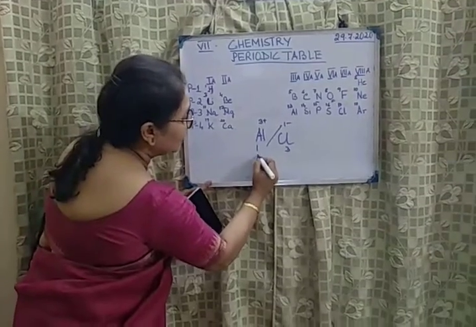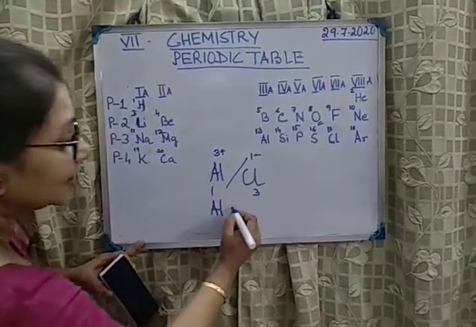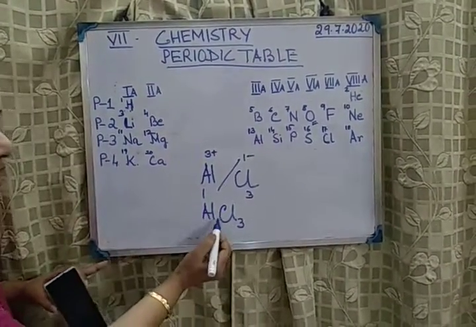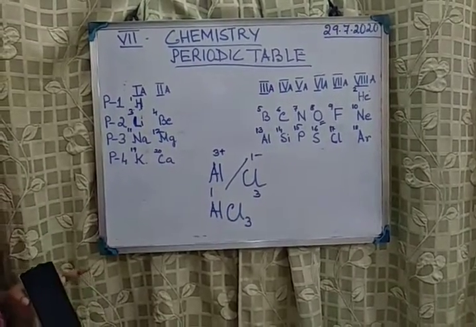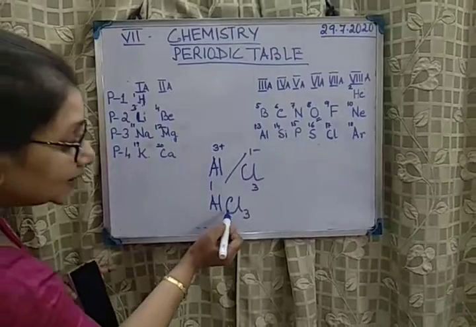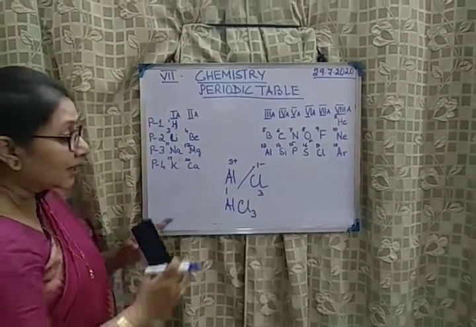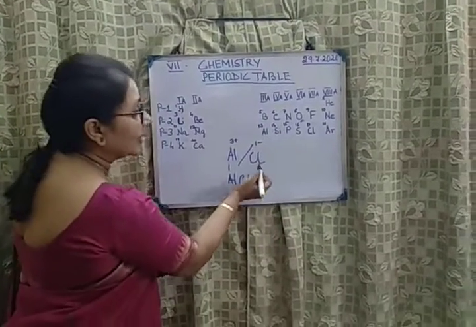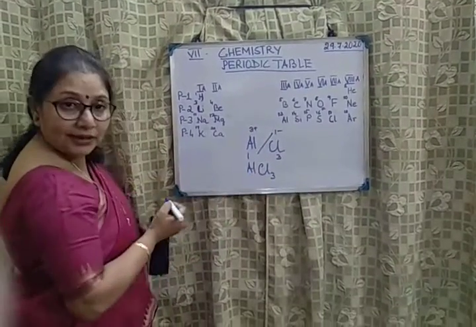So formula of the compound will be Al, 1 I need not write, AlCl3. Now this being 2 letters, why we are not putting it under bracket? Because Cl together is representing only the chloride radical. It is not made up of atoms of different elements. It is of the element chlorine. So we need not put it under bracket.